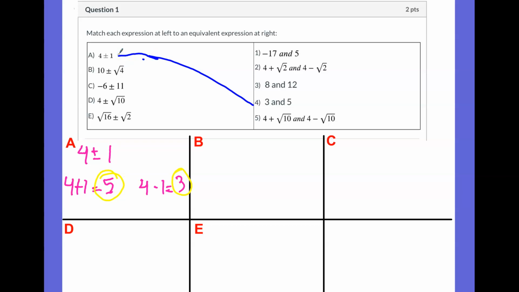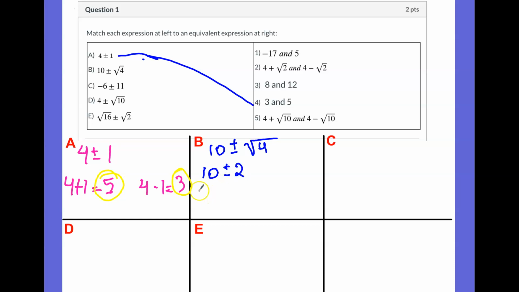So B. B says that 10 plus or minus the square root of 4. What is the square root of 4? The square root of 4 is 2, right? So I can write this as 10 plus minus 2.